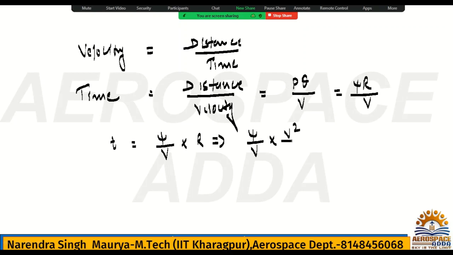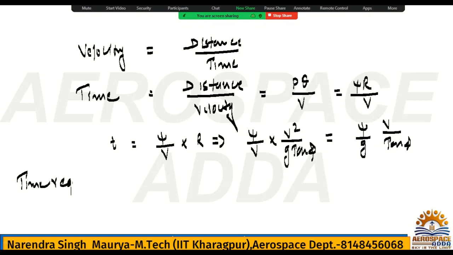So it becomes psi by V, into V square upon g tan phi, which is psi V by g tan phi.